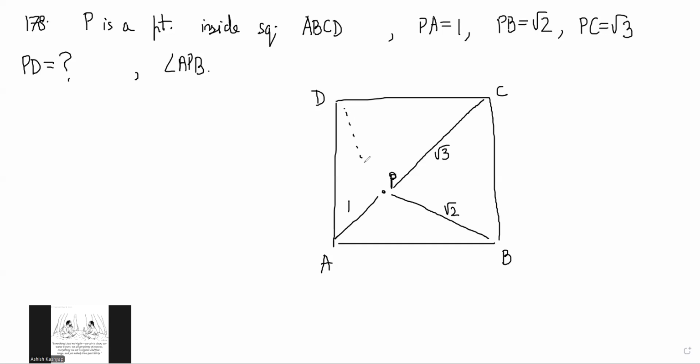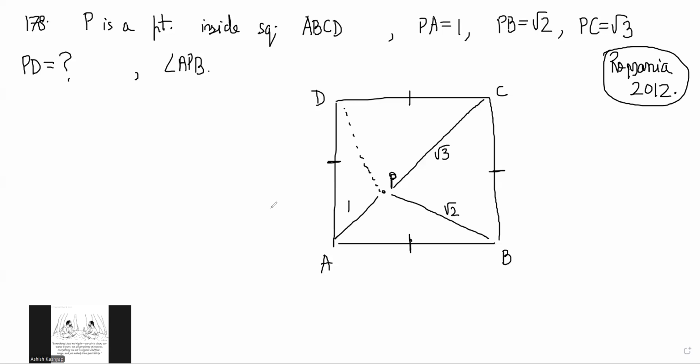We have to first find PD, right? And you have to find angle APB also. Fine. So we know that the lengths of the sides are equal, but we don't know that length. This question is from the Romanian Maths Olympiad 2012.